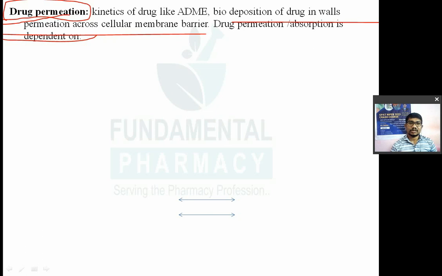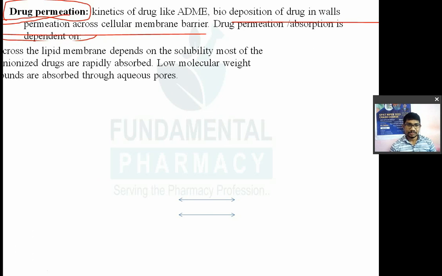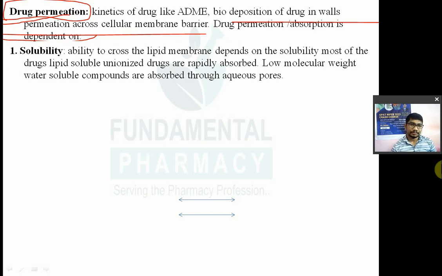Now, if a water soluble drug has a low molecular weight, then again, low molecular weight water soluble drugs are also absorbed, but high molecular weight water soluble drugs are poorly absorbed. Ability to cross the lipid membrane depends on the solubility of the drug. Most of the drugs are lipid soluble. क्या होते हैं? Most of the drugs lipid soluble होते हैं, and they are unionized drugs.